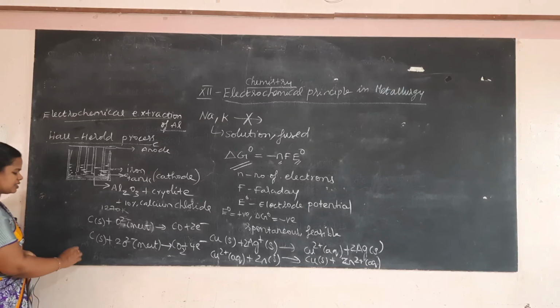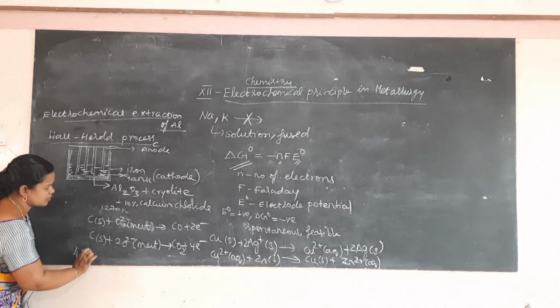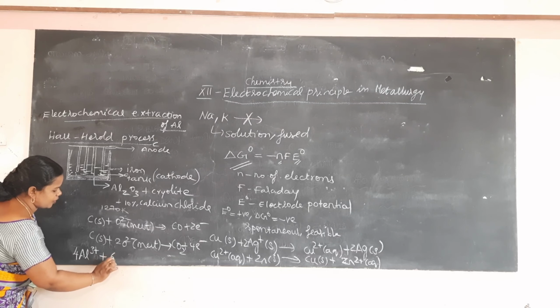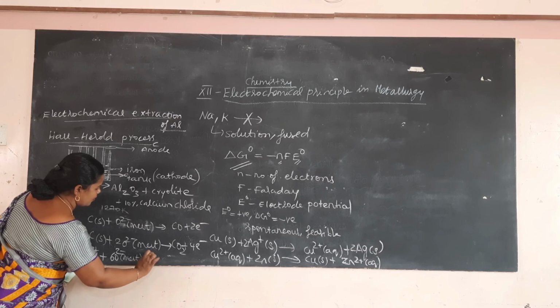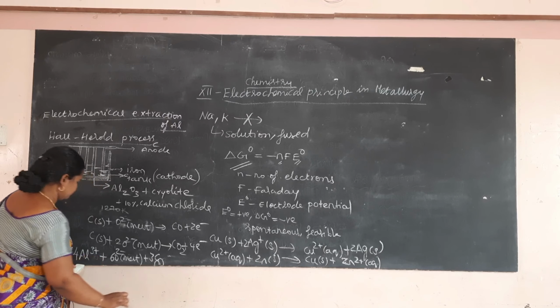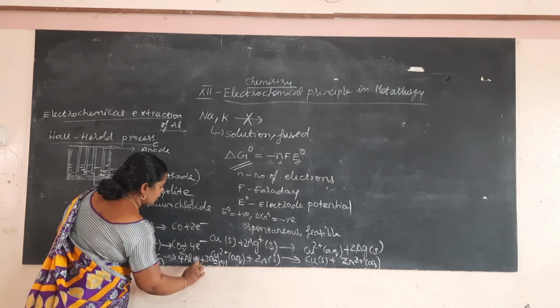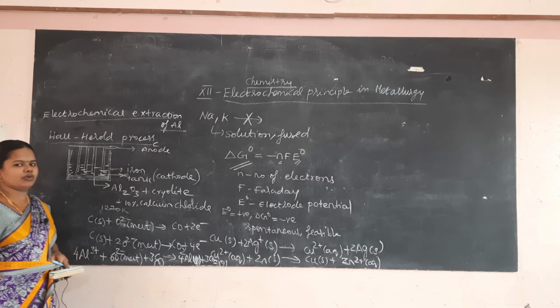We will write the overall reaction as 4Al3+ plus 6O2- in melt plus 3C carbon gives 4Al liquid plus 3CO2 gas.